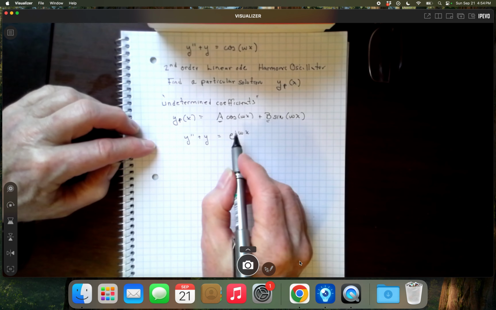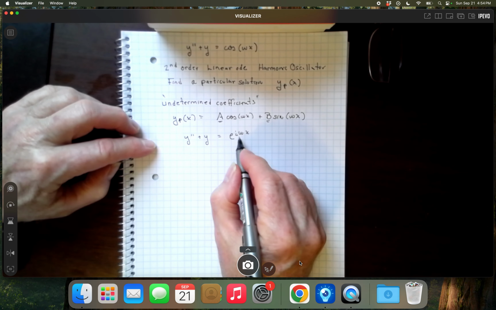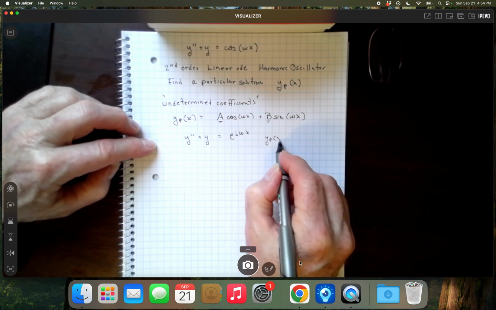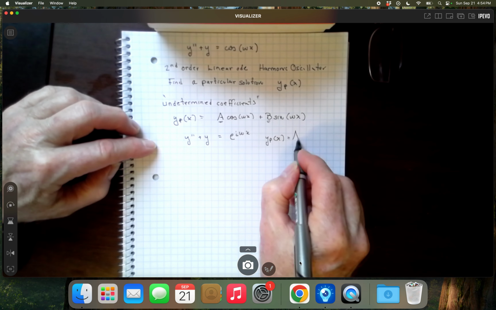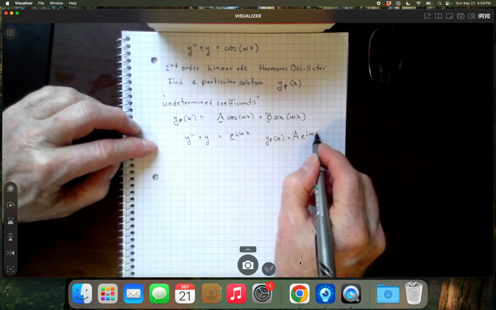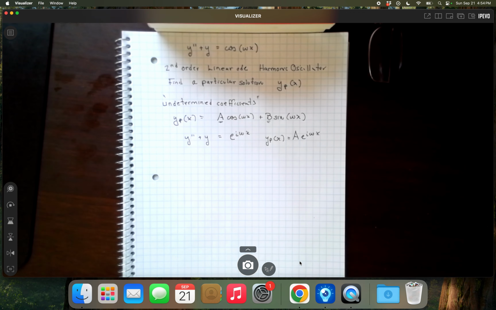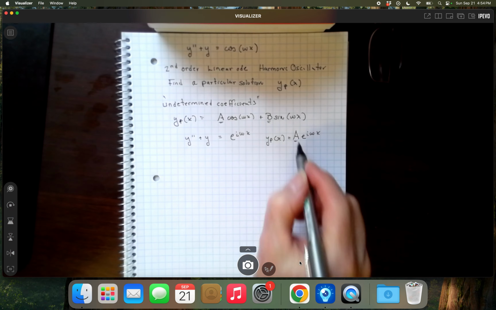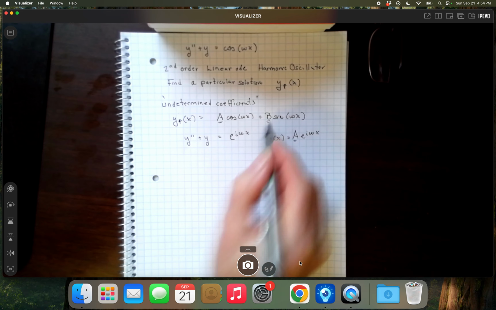Let's do it. Now here, this being our input, the particular solution will have the form A e to the i omega x. So still called method of undetermined coefficients. Hey, we just got one coefficient we have to figure out now instead of two.